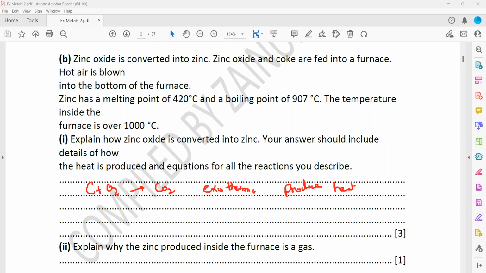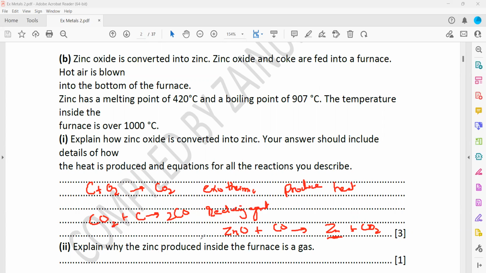The carbon dioxide reacts with more carbon in the furnace, producing carbon monoxide. And carbon monoxide is a reducing agent, meaning it has the capability to remove oxygen from a compound. And zinc oxide reacts with carbon monoxide to form zinc and carbon dioxide.